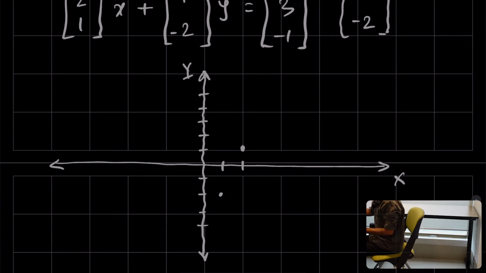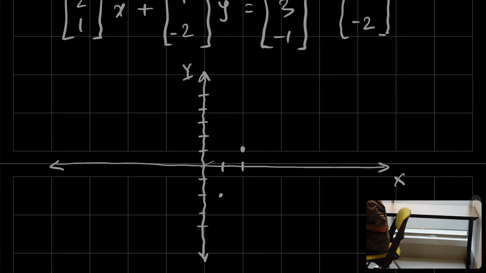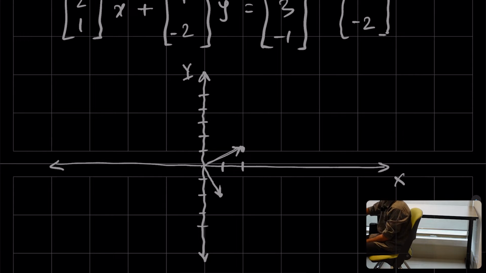Now if we use the definition of physics, the vector is like this, right? An arrow.